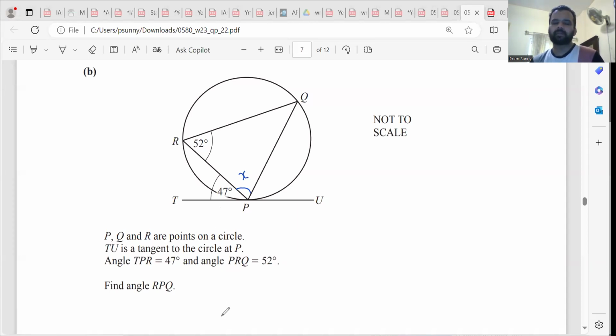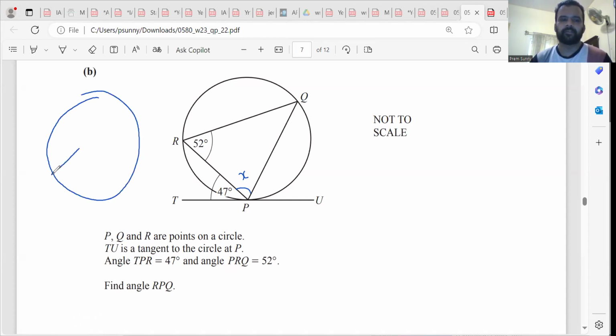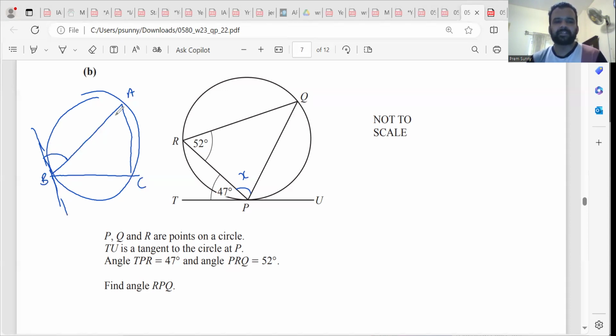The theorem that we are going to use here is the alternate segment theorem. If we have a circle, a triangle inside the circle, and a tangent, then the angle made between the tangent and any one side, let me say this is ABC, the angle made by the tangent and one side AB is given as x degrees.